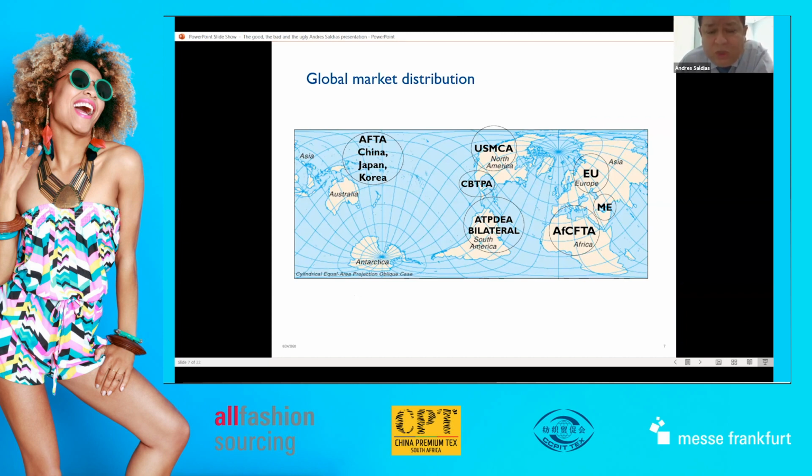In South America, you have ATPDEA, which is similar to AGOA, providing zero import duty for textile and apparel into the US. And of course, you have Africa, not only with the US, but with your internal efforts to constitute a free trade agreement. And they have the European Union with GSP benefits for textile and apparel. So this is how the world looks.